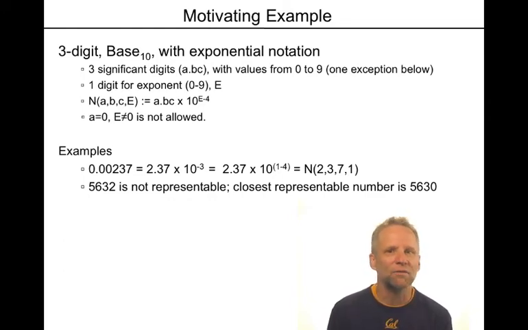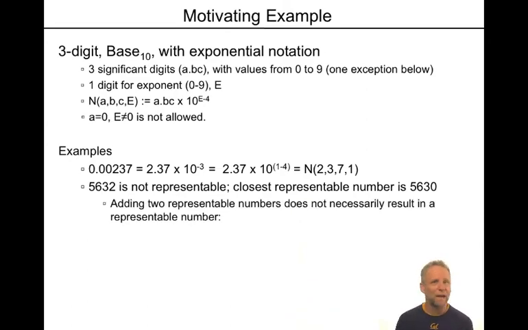That's that 3rd significant figure. So we have 5,600, 5,610, 5,620, 5,630, and so on. And the closest representable number to 5,632 is 5,630. When we talk about rounding and operations, we'll see how that plays a role.